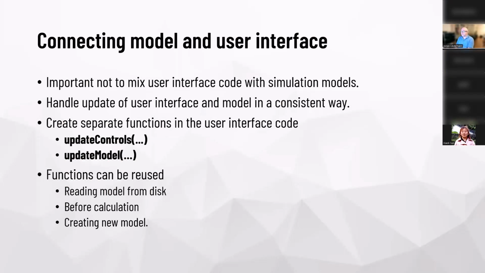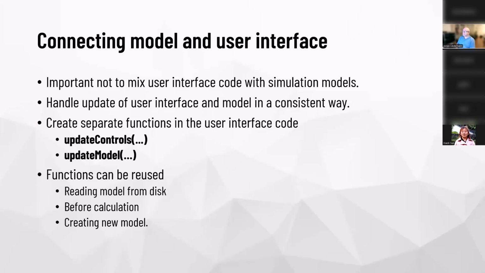As I said, it's important not to mix user interface code with simulation models. The user interface code should basically just handle the user interface logic and stay out of the simulation code. You also need to handle the user interface and model updates in a consistent way. What I usually do is have two methods in my view control, one called update controls that will take the parameters from my model and update the user interface controls.